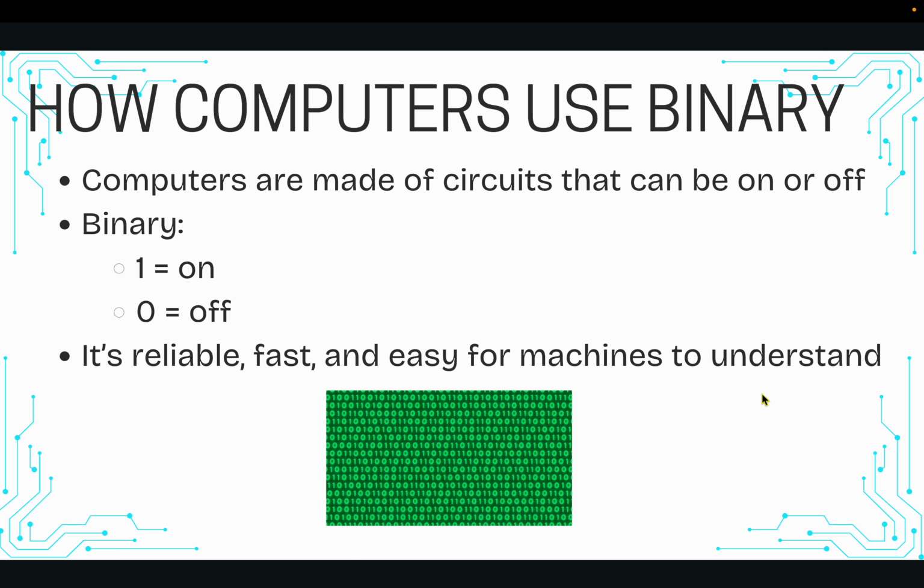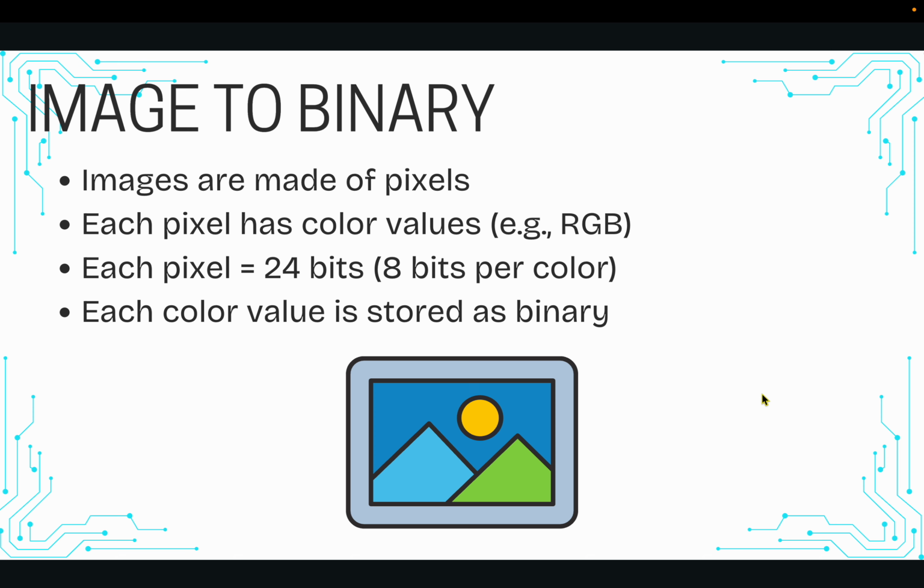So each pixel that is made up in that picture has a color value, and each pixel is made up of 24 bits. So that's 8 bits per color. And each pixel is going to have a combination of colors in it. So when those colors occur, those colors are going to have a value that's going to be stored as binary. So we'll take a look at that.